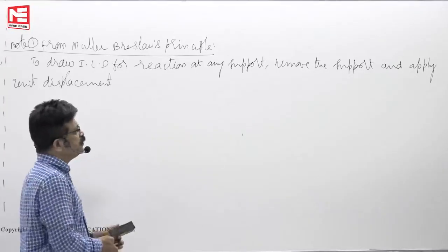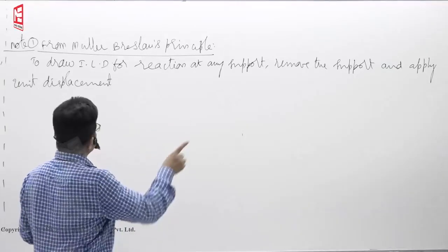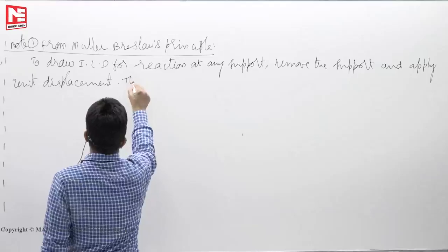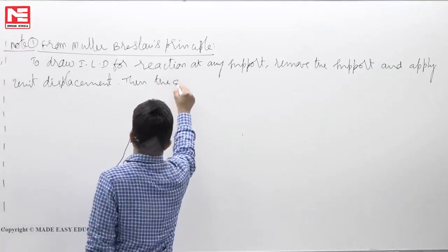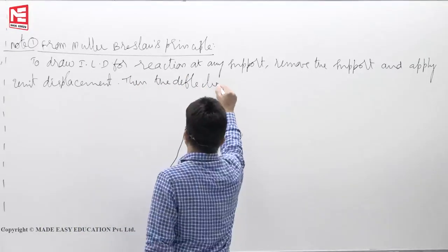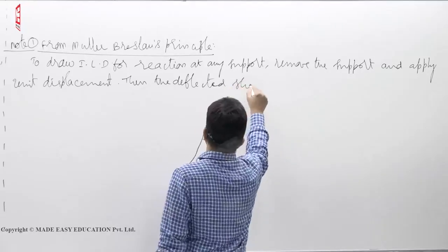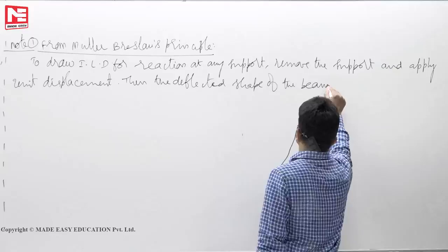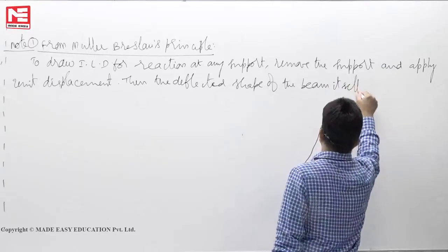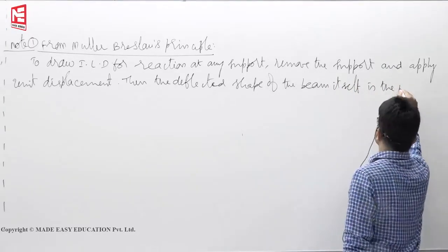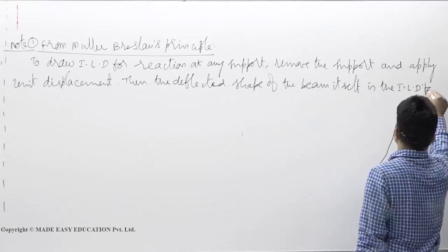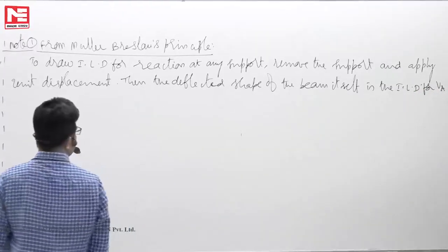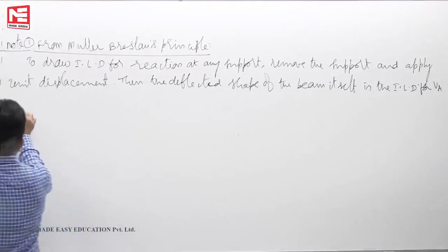So that is why here also we do it like this. Remove the support and apply unit displacement. Then the deflected shape of the beam itself is the ILD for vertical reaction at A. What is the basis for this?